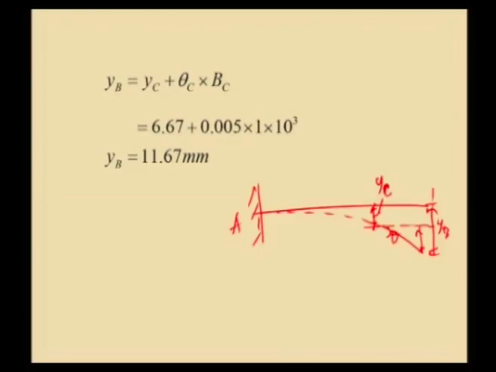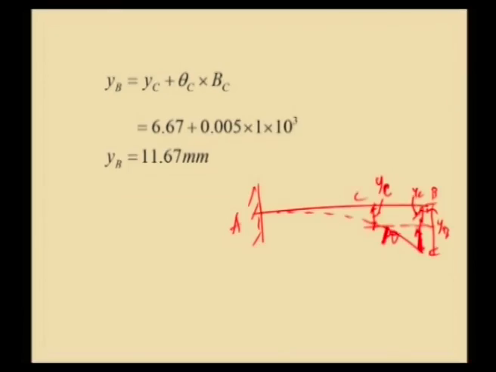Say we have A, B, C, and we have slope at C. So, slope at C multiplied by the length BC will give the difference of deflection as shown in the diagram. Once we know the deflection value Y C, and we know theta C into BC, that will give you the total deflection at the free end. So, Y B equal to Y C plus theta C multiplied by BC.